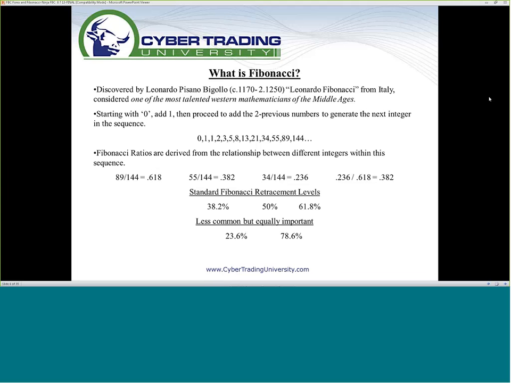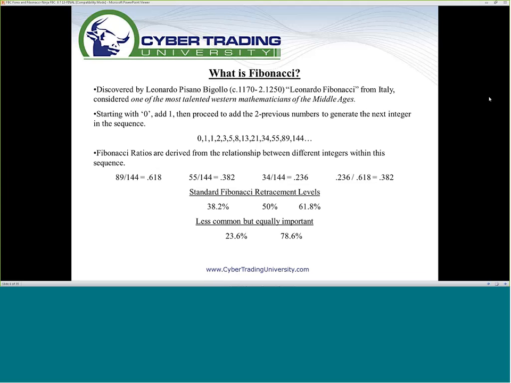The relationship between those 2 numbers is 0.382, or 38.2%. Another one of the most common Fibonacci percentages that we talk about. 34 and 144, the relationship between those 2 integers gives us a level of 0.236, or 23.6%.